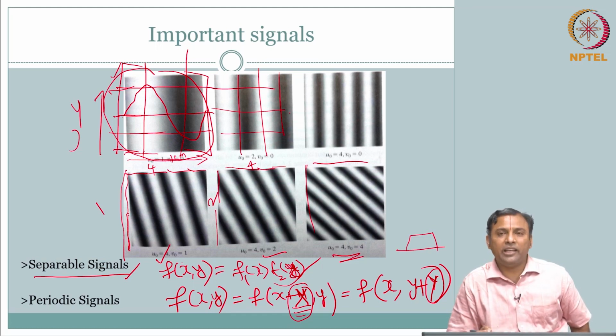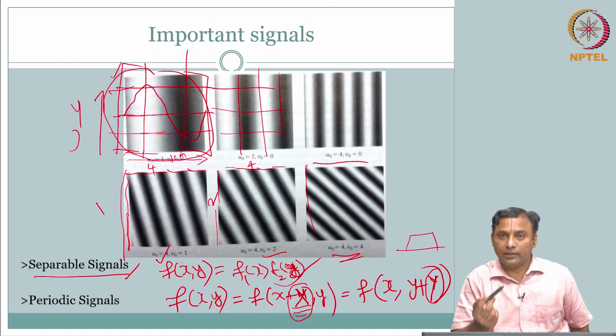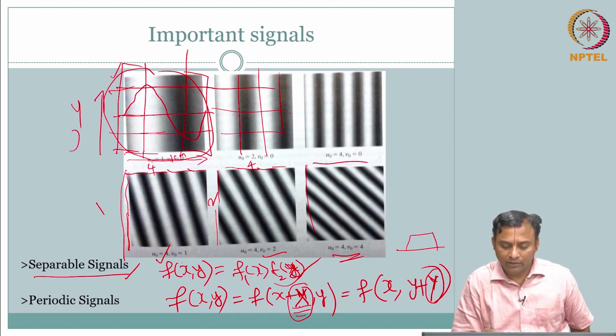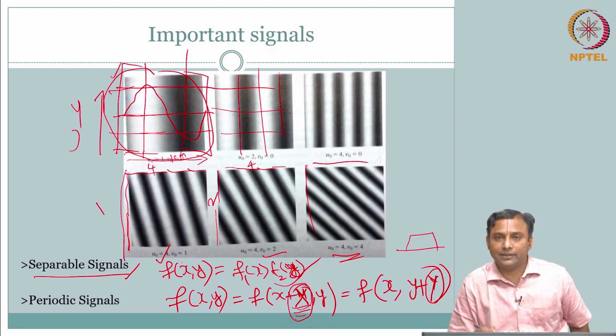Clear? Quickly, do we have any examples that we have covered so far? Well, we had the sampling function, the comb function, which you already saw; we used the delta and this X before. All of those are periodic functions.